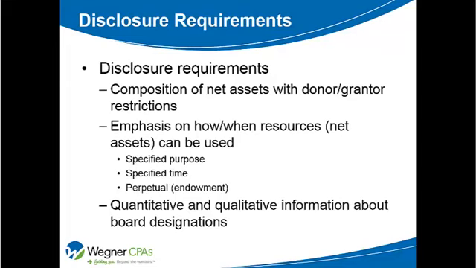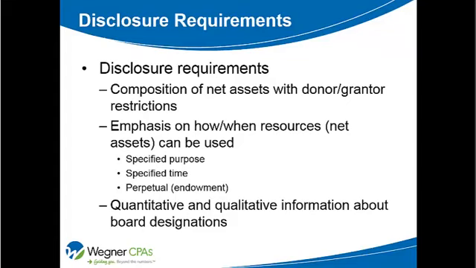So if your board has chosen to designate certain amounts, like maybe they say every year 10% of the earnings of the not-for-profit are going to be designated for an operating reserve. Maybe they say 500,000 is going to be designated for an upcoming capital campaign. Any of those things that are board designations also need to be specifically disclosed now under this new accounting standard.